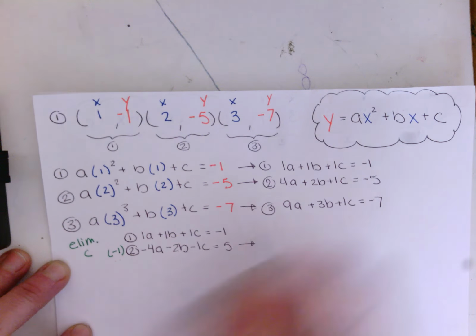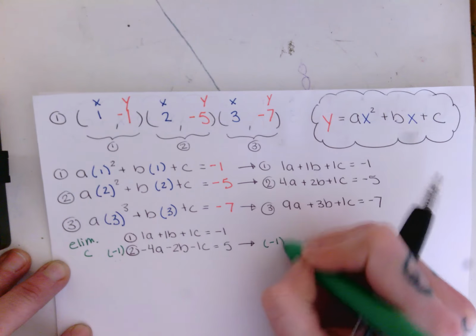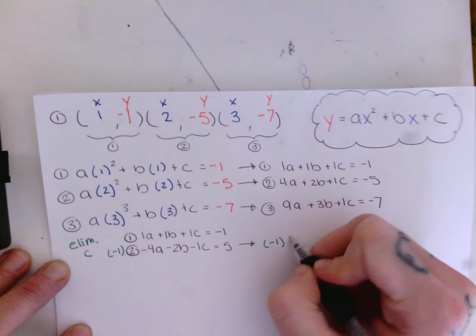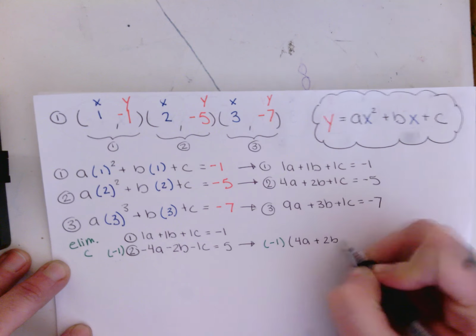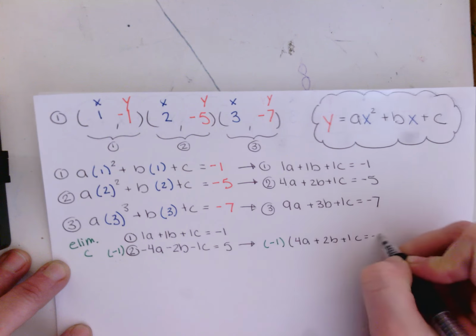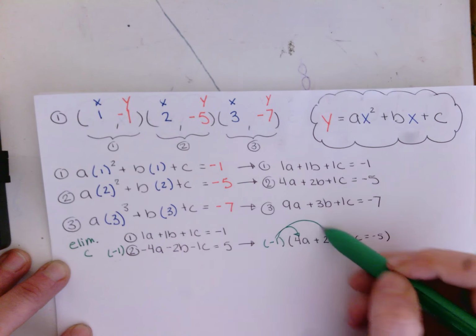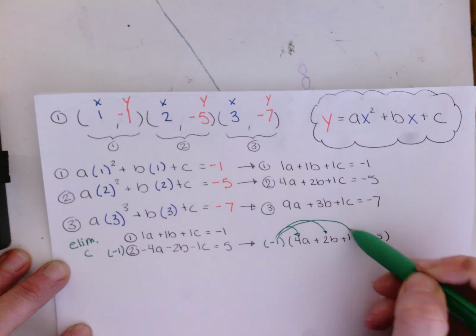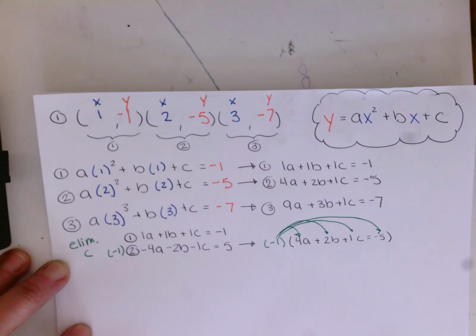So this is coming from multiplying this -1 by everything in equation 2, each term, resulting in this equation here.